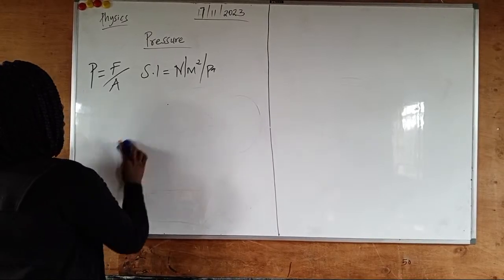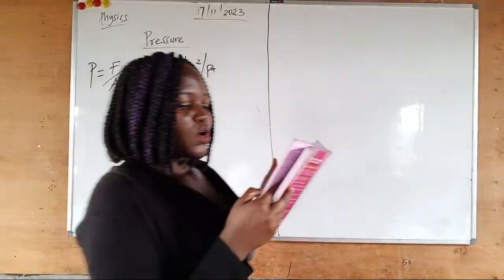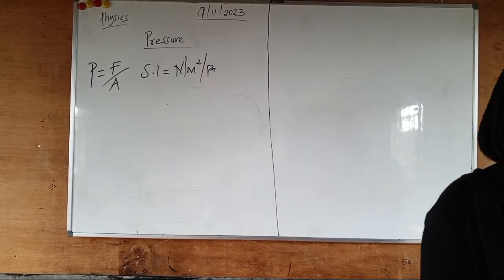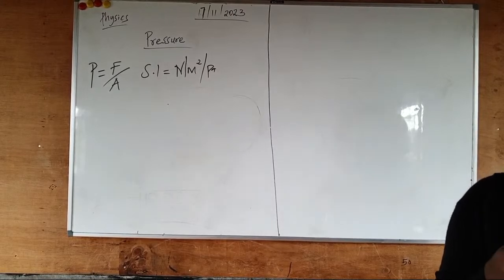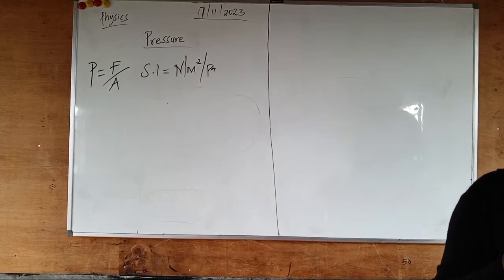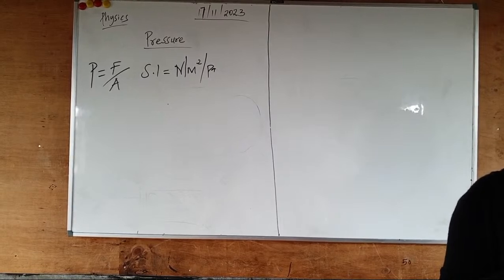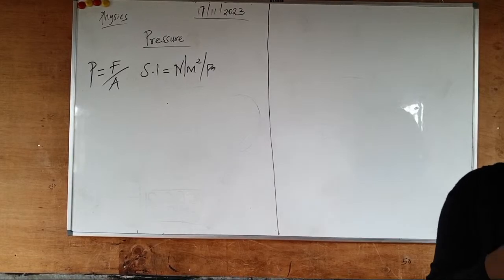The area of contact of each of the four tires with the ground is 0.025 meters squared. Full stop.